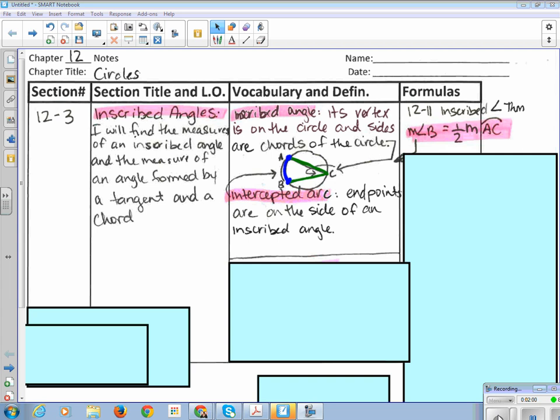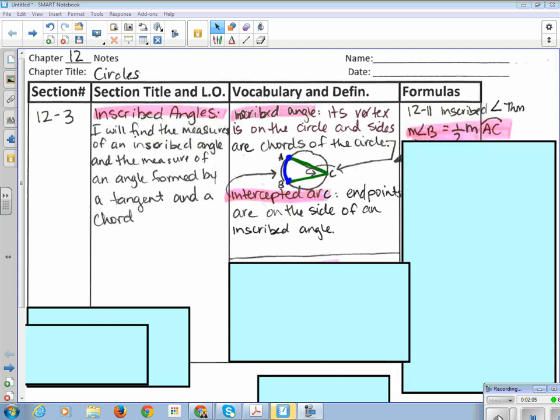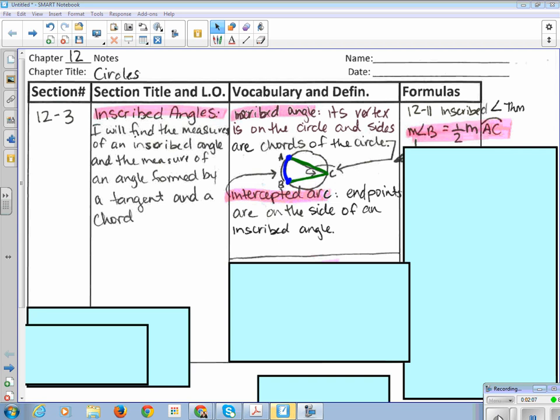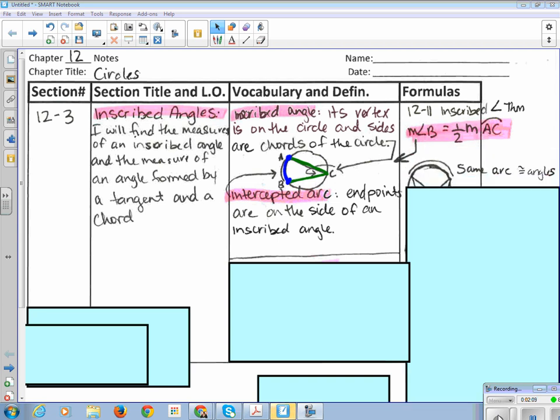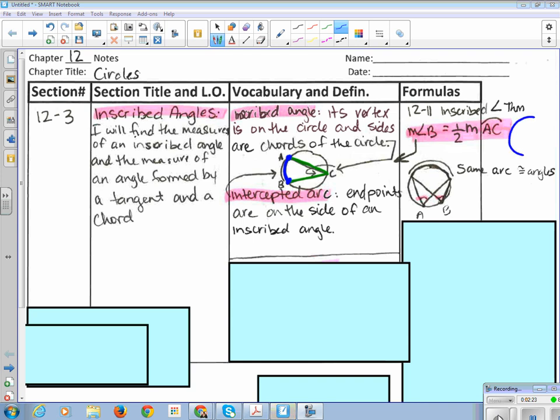So the inscribed angle theorem is the measure of angle B is, we need a picture for this. So the measure of angle B is 1/2 the measure of arc AC. So I'm going to put a little picture right by it because I have drawn this arrow, and boy, the letters don't match up.